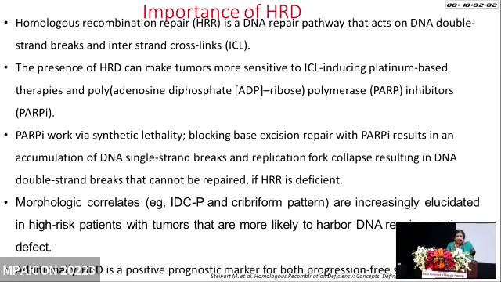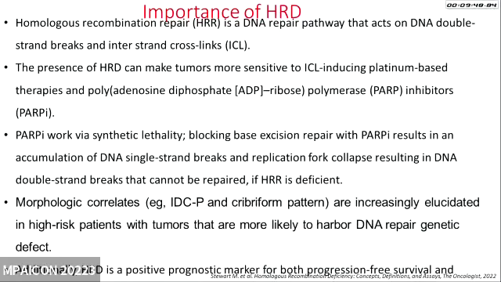Presence of HRD, that is deficiency of these repair genes, can make tumors more sensitive to interstrand crosslink inducing platinum-based therapies and PARP inhibitors. And PARP inhibitors work via synthetic lethality. What they do is they accumulate DNA single-strand breaks.